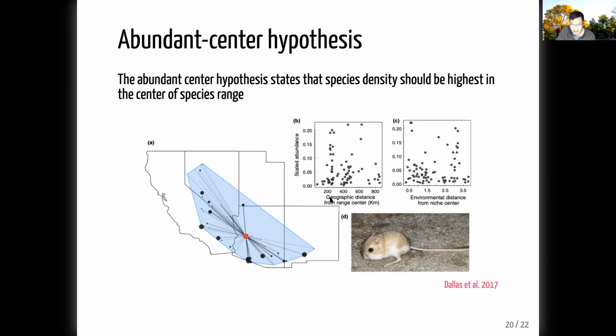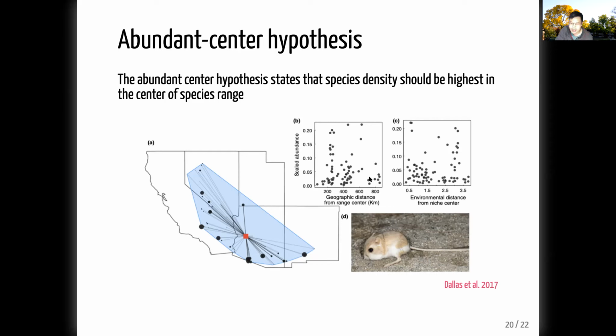The difference is that B is a geographic distance, just the distance, while C is the environmental distance from the center. And if we have the same area across different sampling sites, then we can calculate the species density, which is going to be proportional to the abundance too.